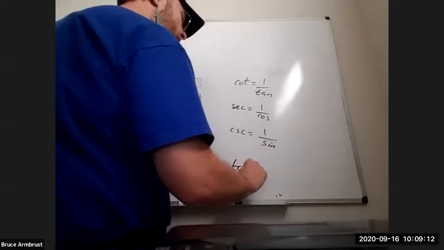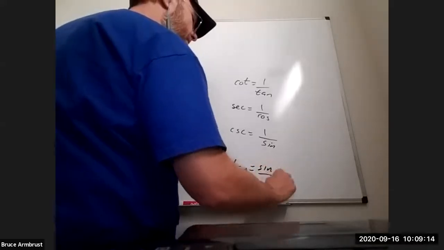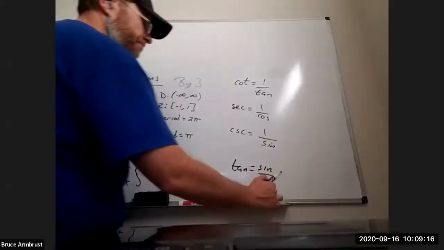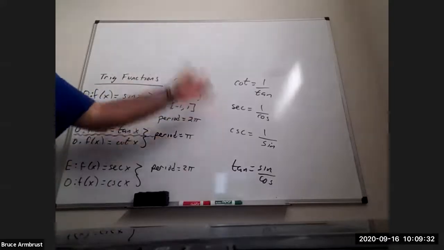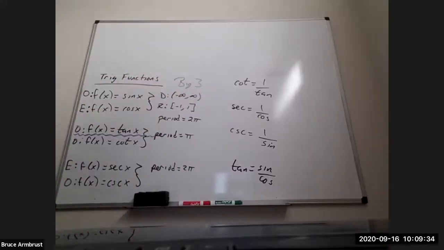Another one you should just know is that tangent is equal to sine over cosine. Because in actuality, you don't need to know all of the big three. You only need to know sine and cosine. If you know sine and cosine, you can get all of the rest. Those should just be ones you don't have to research, you just know them.